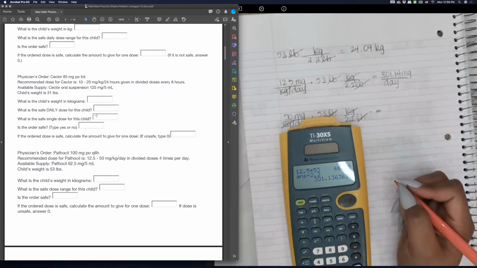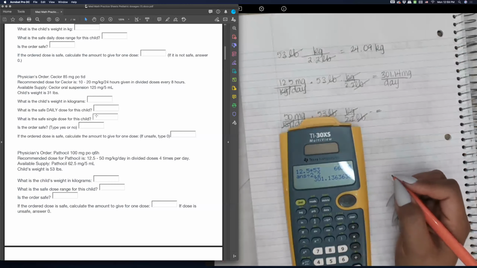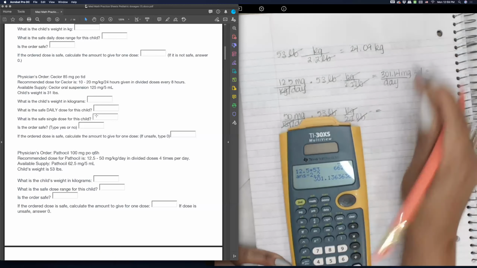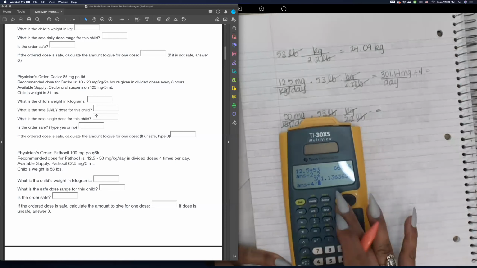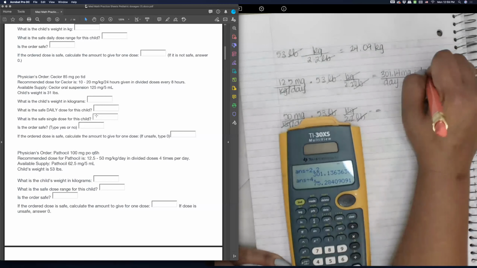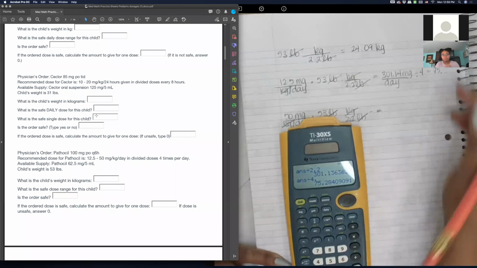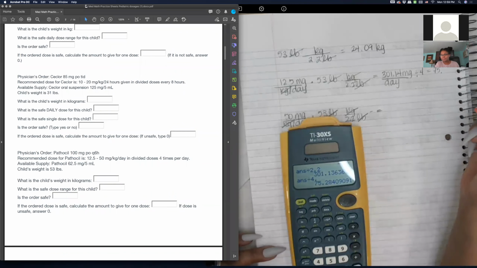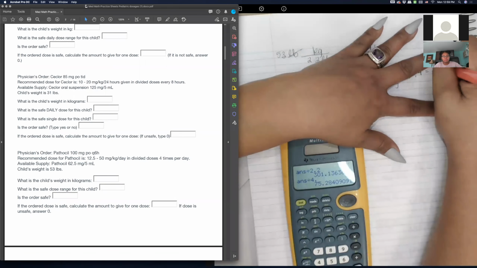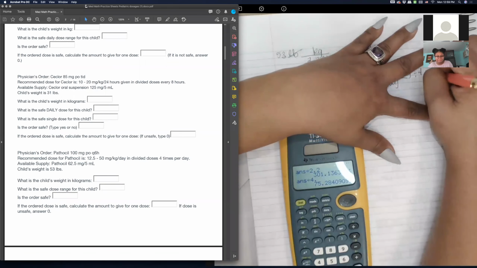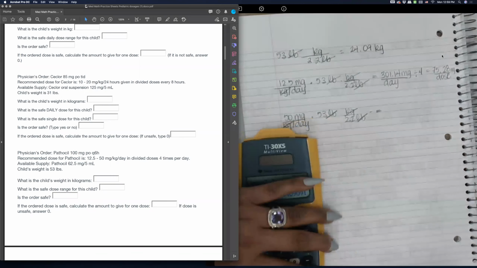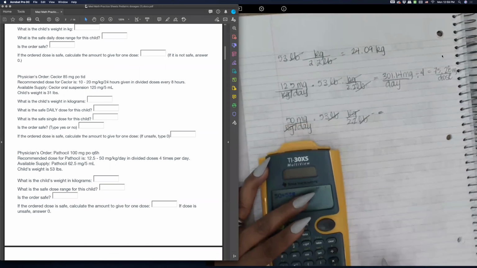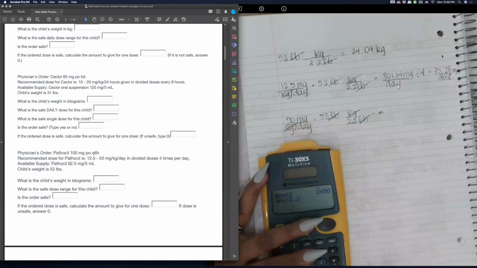And this is divided in divided doses 4 times per day. So we're going to take this and divide it by 4. And that's going to give us 75.28 milligrams per dose.